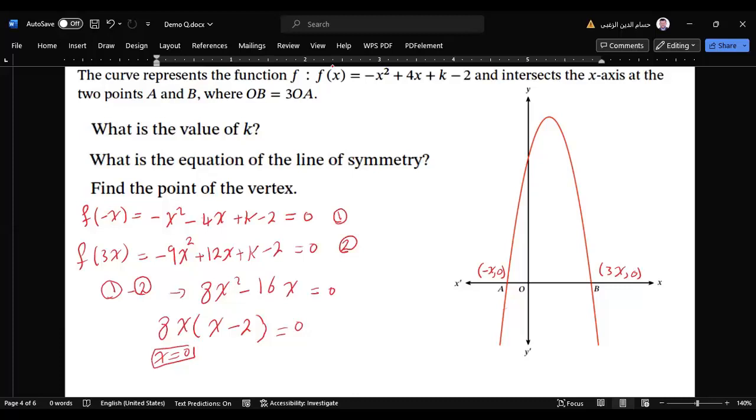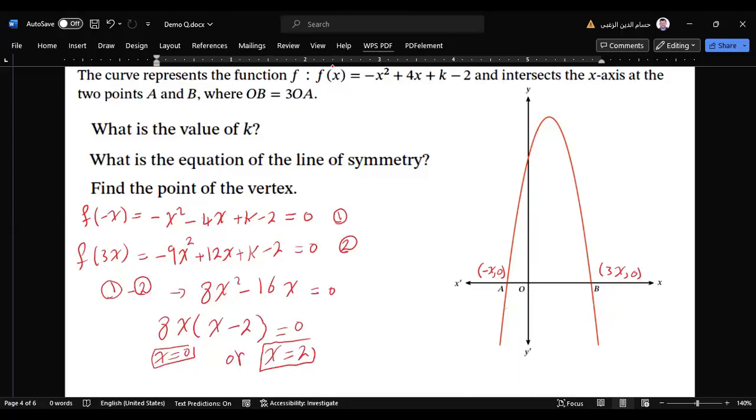It is a length. Or x minus 2 equals 0, which means x equals 2. So we get x is 2.